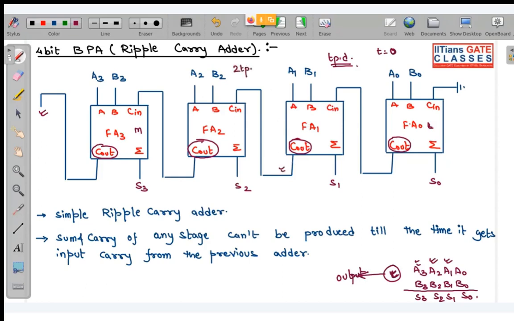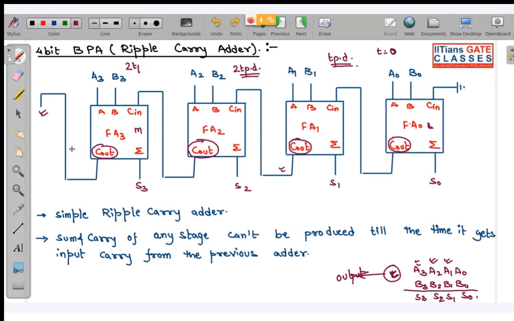So here all the inputs are present at 2 TPD. Similarly, this will produce its carry after one more TPD, so the input of this stage will be available at 3 TPD. So there is a finite amount of propagation delay, because my Cout is propagating from one stage to another. Tell me if this is clear or not.